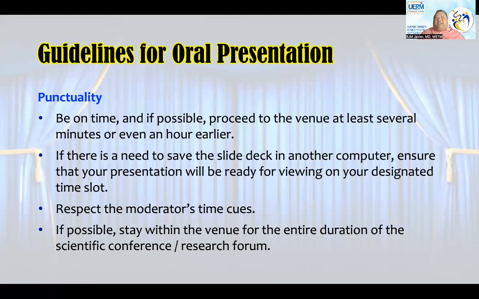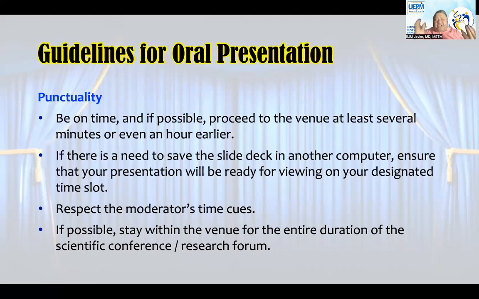Afterwards, if there's nothing else for me to do, I would most probably get out of the scientific venue and just be a typical tourist and explore the country that I am visiting. However, that's a common thing for most junior presenters or neophyte researchers because you're still excited to explore the other countries that you are visiting. But once you get the opportunity to travel around the globe and you keep on going out of the country repeatedly, sometimes that behavior changes.